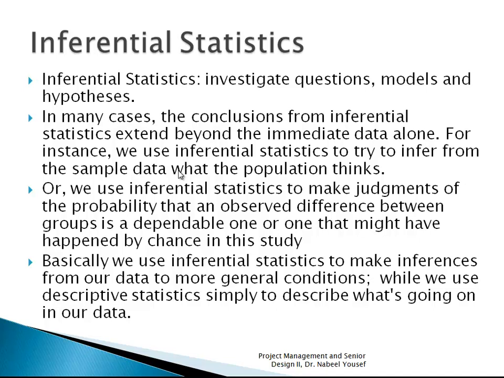Or we can use the inferential statistics to make judgments of the probability that an observed difference between groups is a dependable one or one that might have happened by chance in this study.